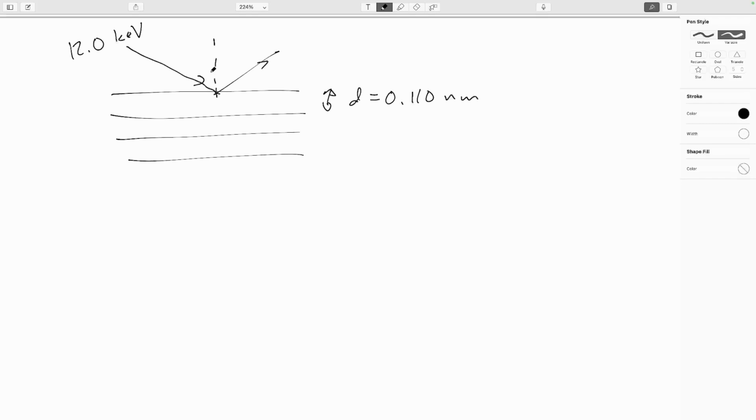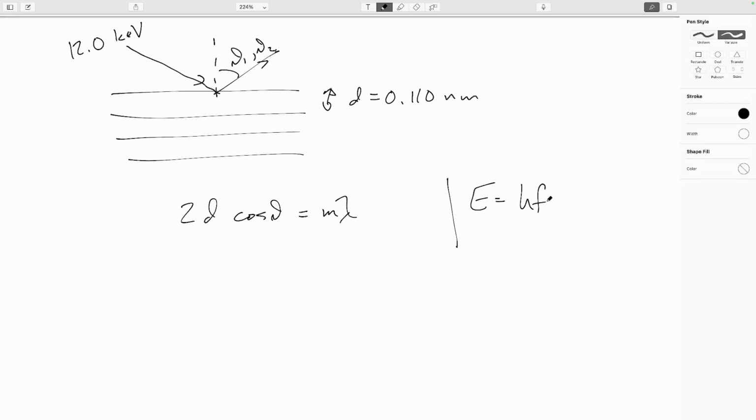Let's figure out the first two scattering angles where our sensor over here would see a peak of reflected light. For that, we can plug into our Bragg relation, 2d cosine theta equals m lambda. Now, we've already seen from a prior video that the energy of a photon is equal to hf.